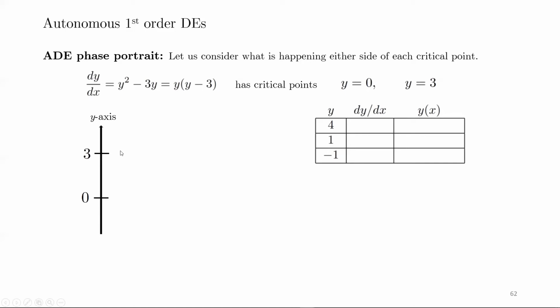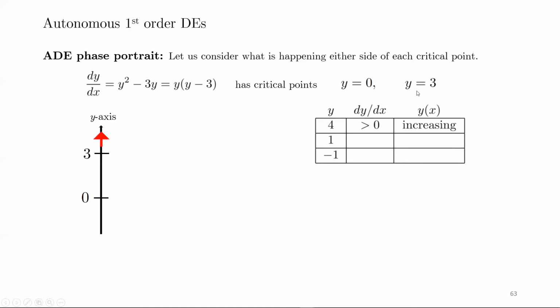Let's have a look at what happens when we substitute y equals 4 into the differential equation. Well, if we do that, 4 minus 3 is 1, and 1 times 4 is 4. So our slope, dy by dx, is positive for y equals 4. Okay?